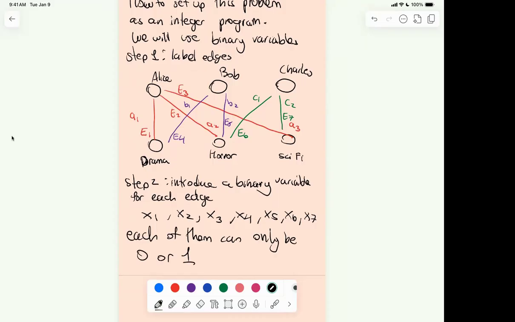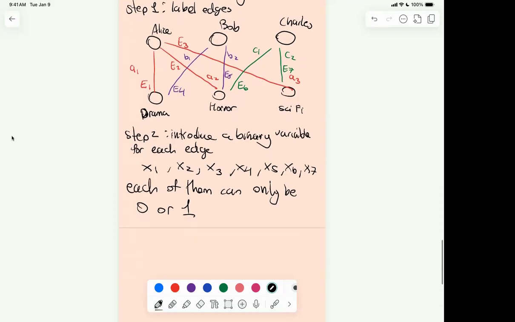And this is the fun part. So when is it going to be 1? The value for the variable would be 1 precisely when that edge appears in the final decision, in the end result. If one of the edges is one that I'm actually going to use to sell the product, then it is going to be assigned the value 1.